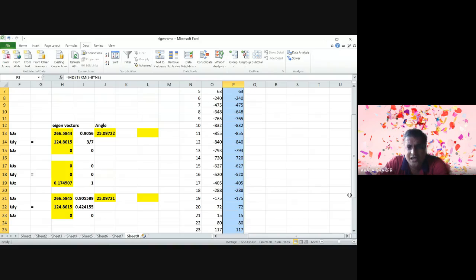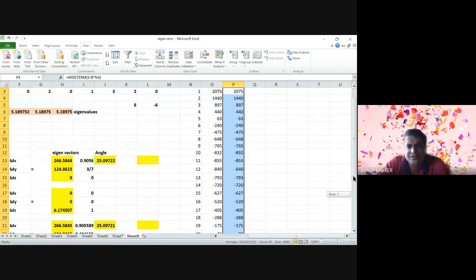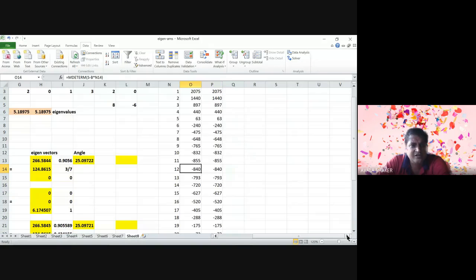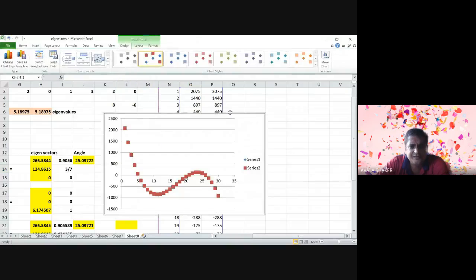And one is somewhere here again around 5, it's going positive. So let us have an idea of how it looks like. We can just insert a scatter of xy.